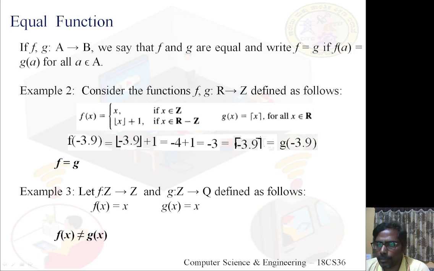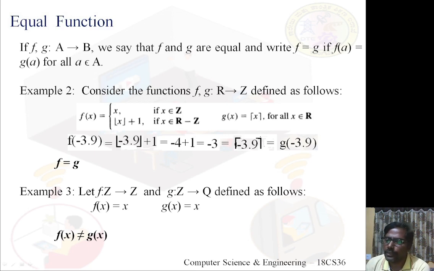Since minus 3.9 is a real, f of x will be evaluated as the floor function of x plus 1. So that is nothing but the floor function of minus 3.9 plus 1.